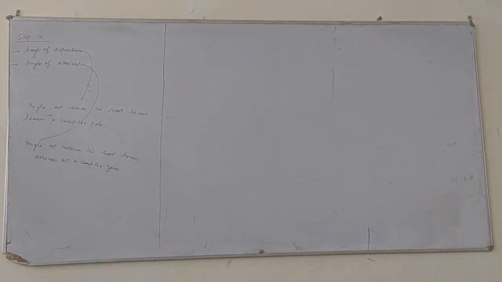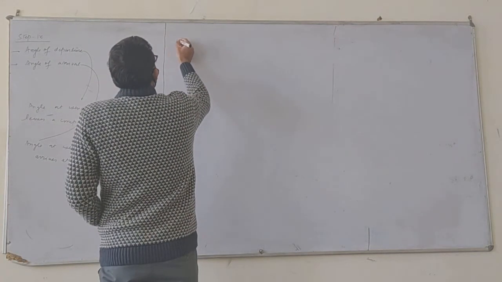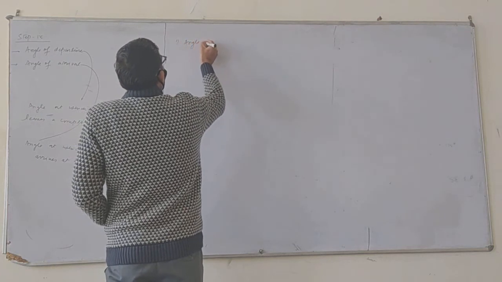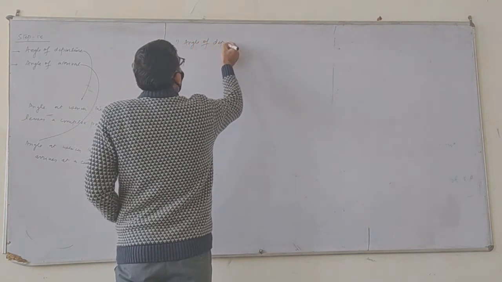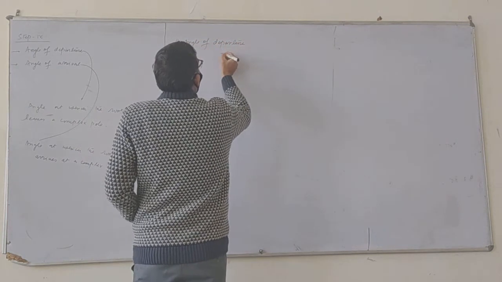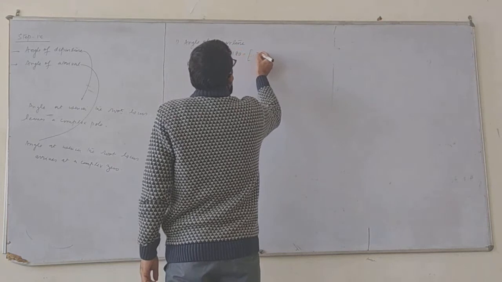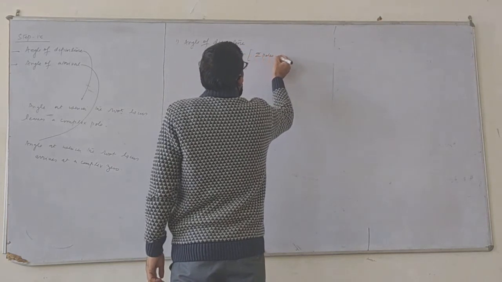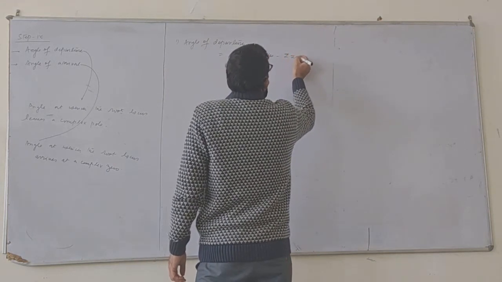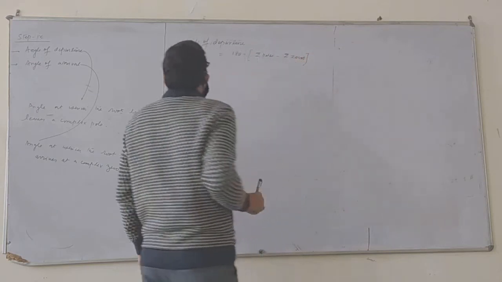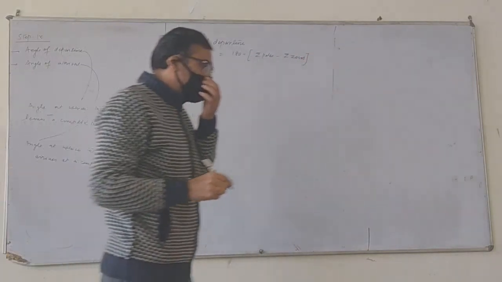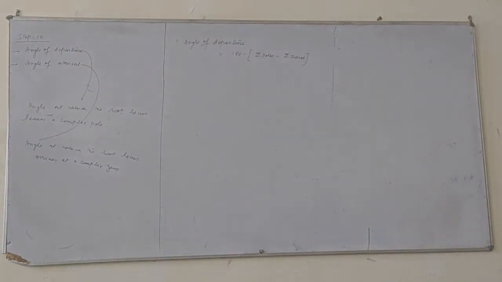So number 1, if we are talking about the angle of departure, what should be the angle of departure? Angle of departure is equal to 180 minus sigma poles minus sigma zeros.